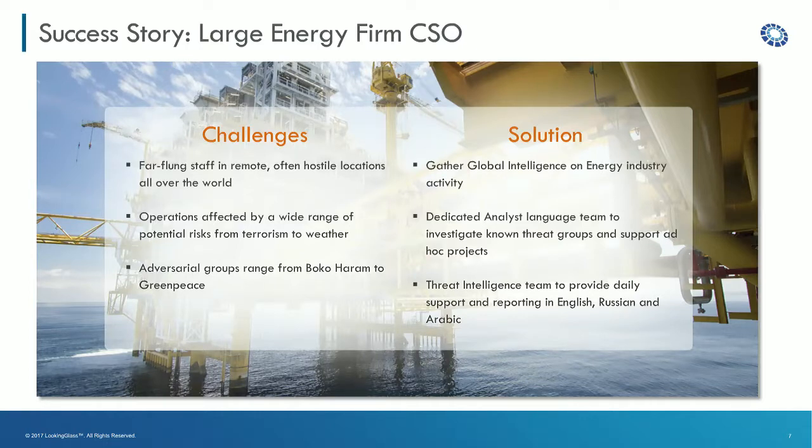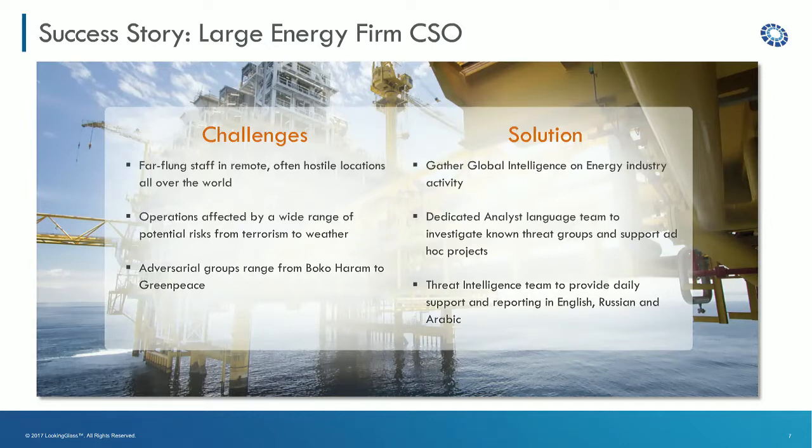And so as a solution, this organization started by being aware of the global intelligence environment. So being aware of the threats to the energy industry itself, being aware of what is being communicated in that environment. They had a dedicated analyst team that was both language aware, but also able to do investigation on specific threat groups, potentially actors or terrorism that would potentially be either targeting them or have not been known to target similar companies.